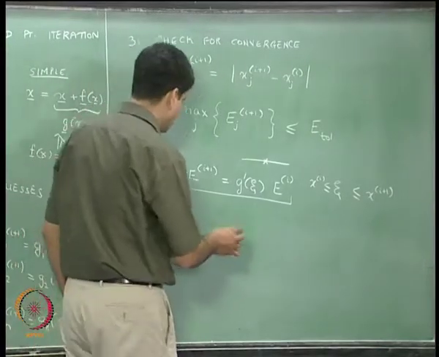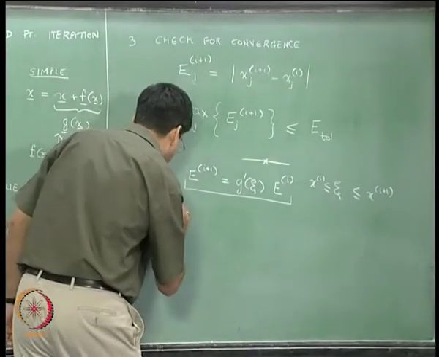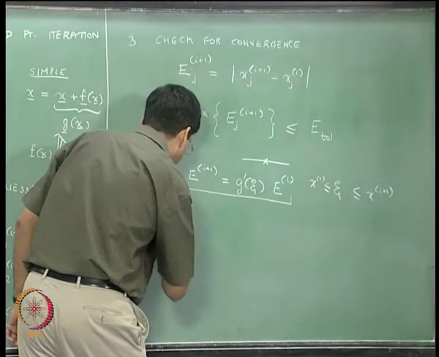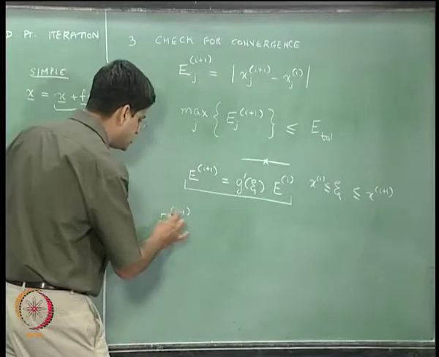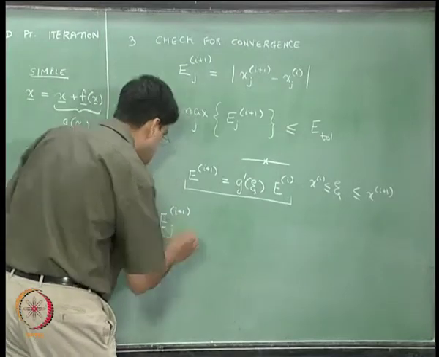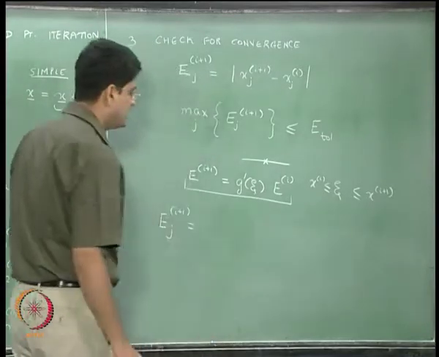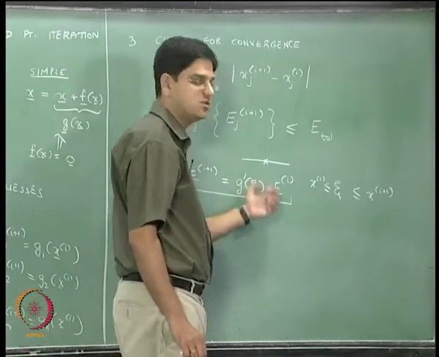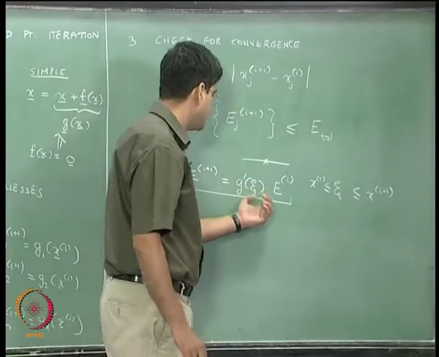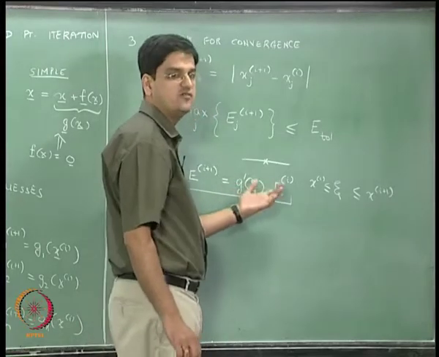I am not going to run through the details, but essentially what you will get is e_j, the error at the i plus 1th iteration in the jth variable, is going to be equal to the g dash terms for g_j with respect to each of the variables.